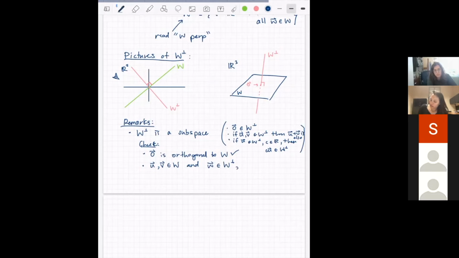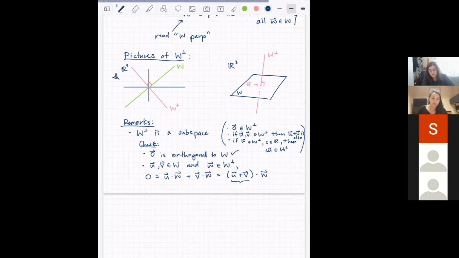Then by the definition of W perp, U dot W is equal to 0, and so is V dot W. So that means that if we sum those two things together, we still get 0. And we know by the properties of dot products that this is the same as U plus V dot W. So that means that U plus V, this vector, dotted with a vector in W perp is going to be 0.